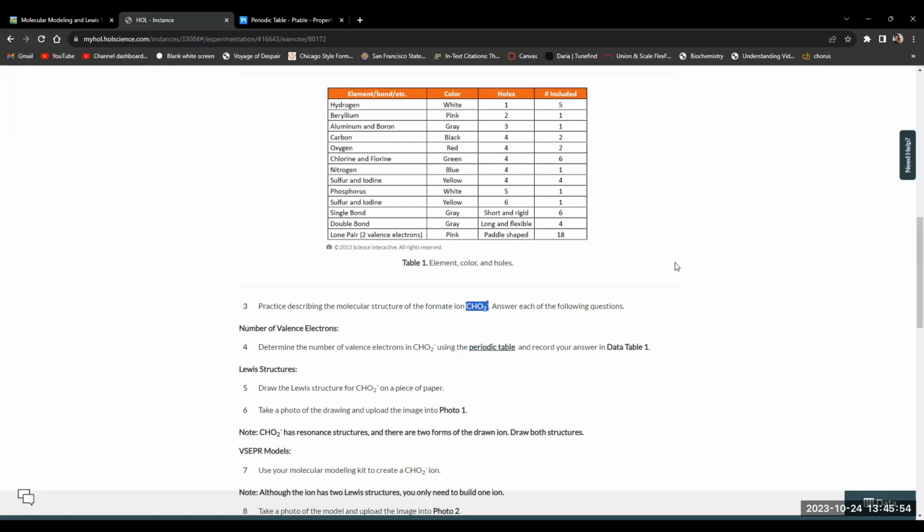And remember, the long ones are considered double bonds. And don't forget to add the lone pairs.